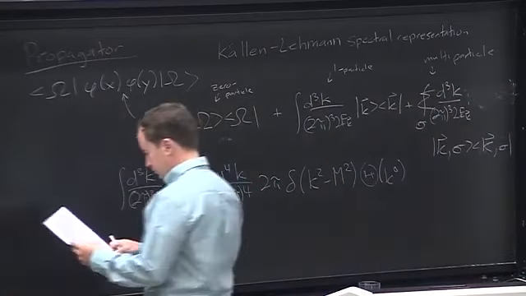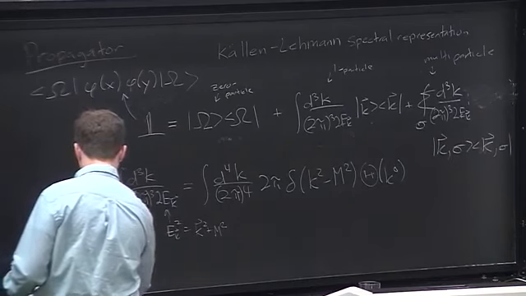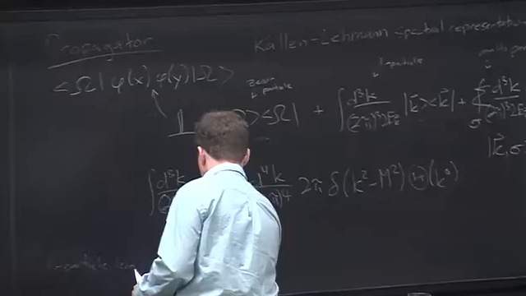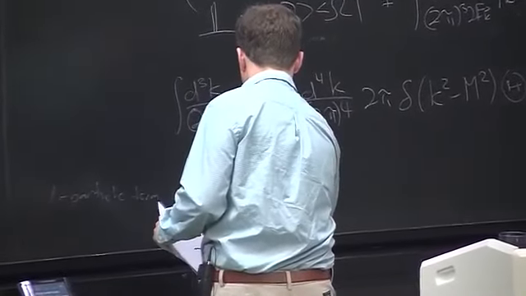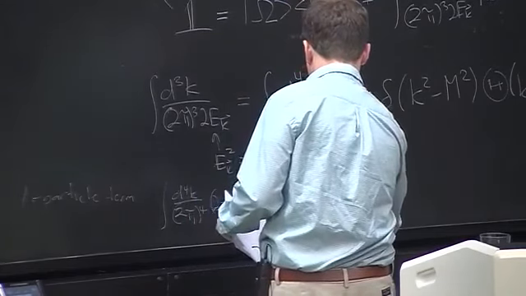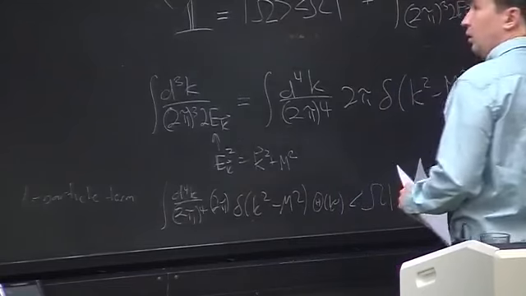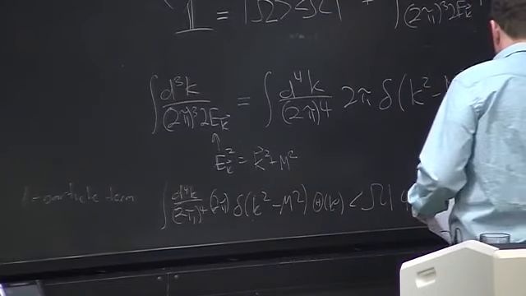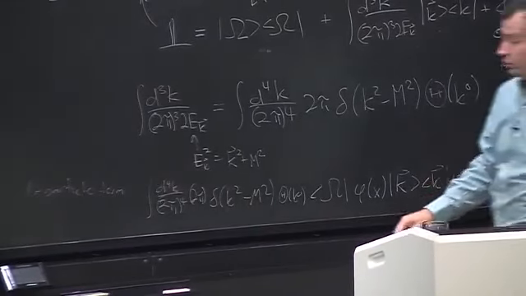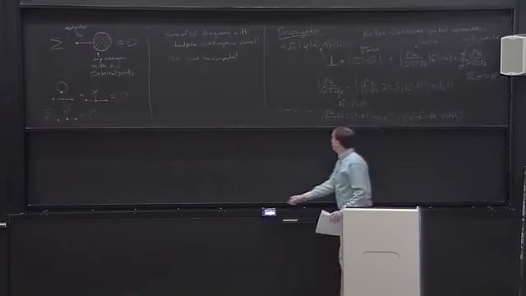So if we write out this one-particle term, it will look like the integral, and then we've got ⟨Ω|φ(x)|k⟩⟨k|φ(y)|Ω⟩, and by the same assumptions as in the LSZ formula, this is just the form factor.